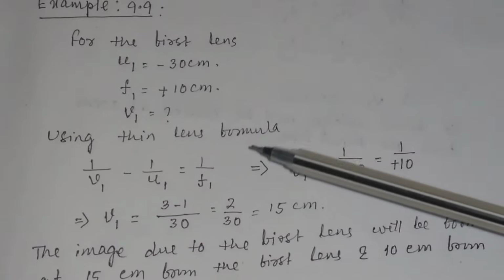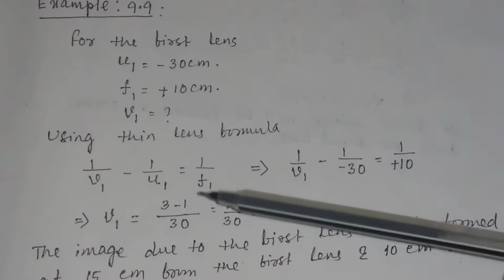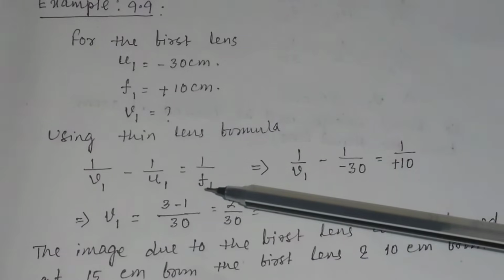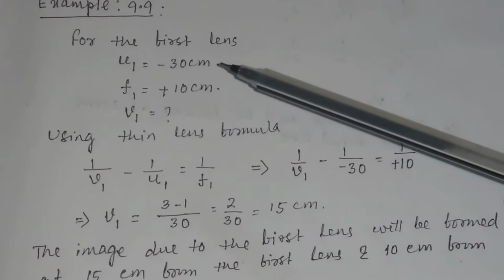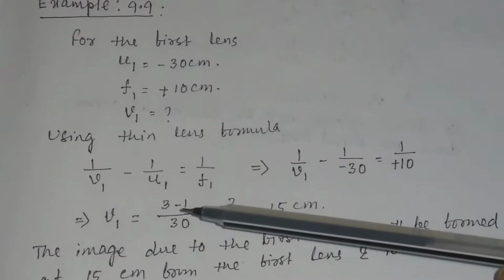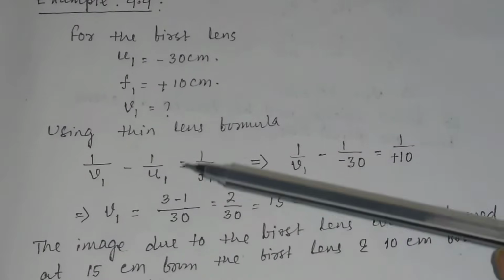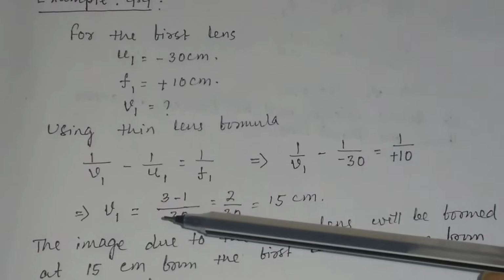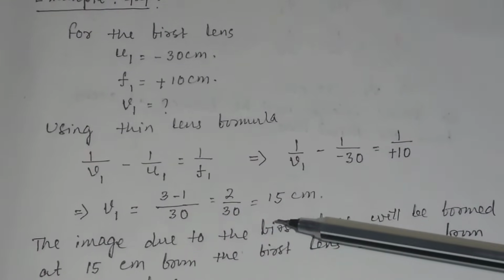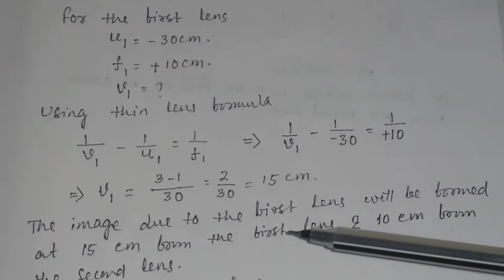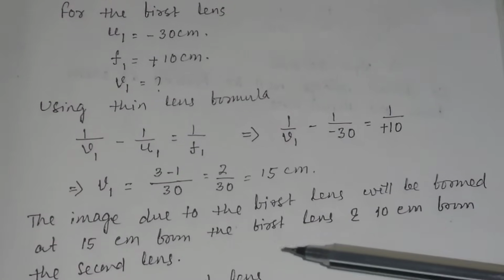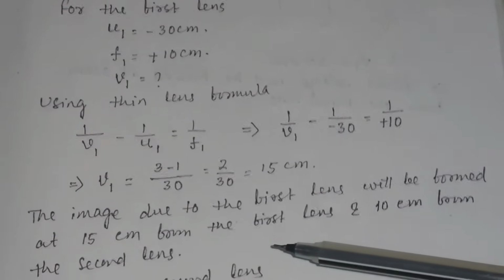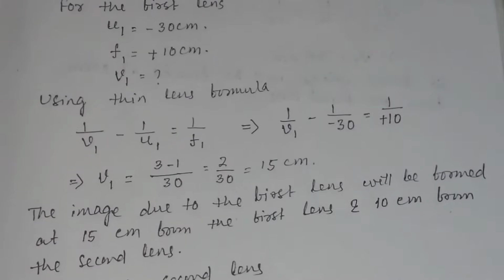So using thin lens formula, 1 by v1 minus 1 by u1 is equal to 1 by f1, and putting the values of u1 and f1, we get v1 is equal to 15 centimeter. So the image due to the first lens will be formed at 15 centimeter from the first lens and 10 centimeter from the second lens.